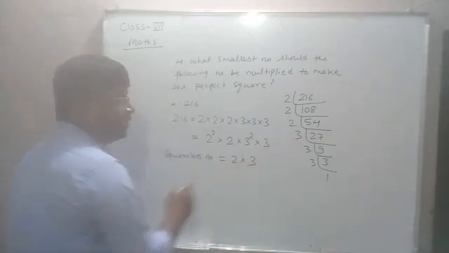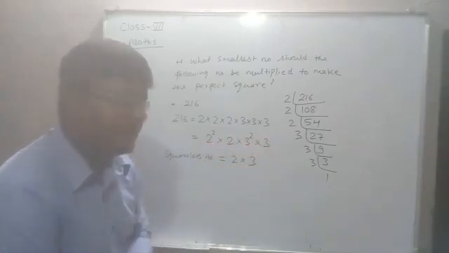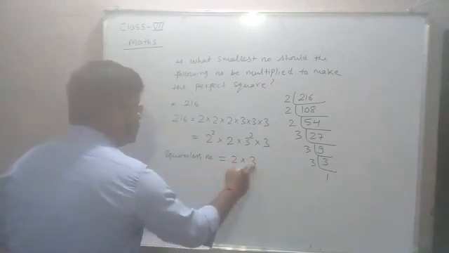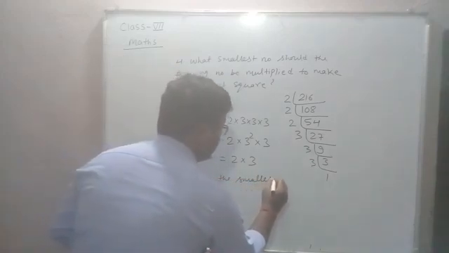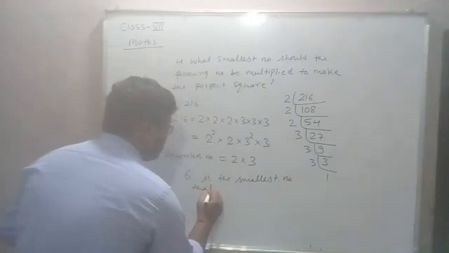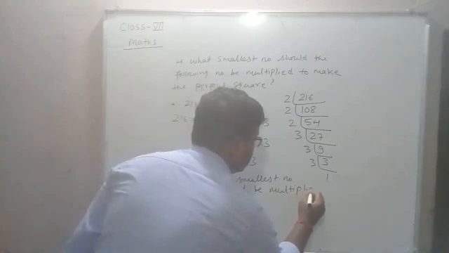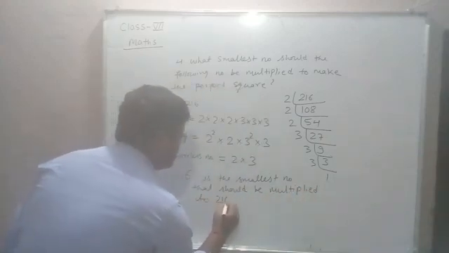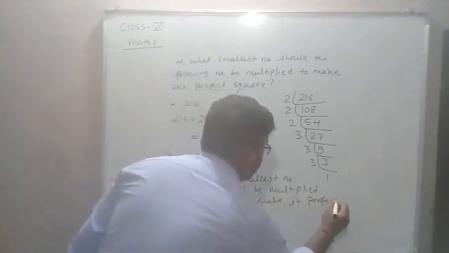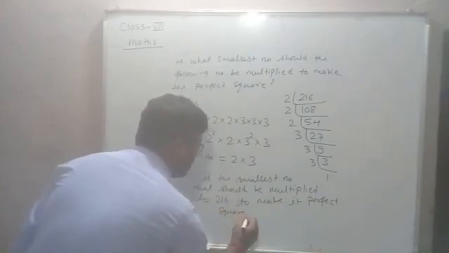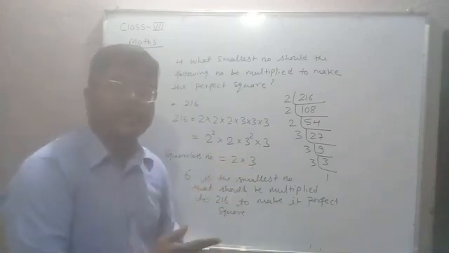The product of these two numbers, that is 2 3s are 6. 6 is the smallest number that should be multiplied to 216 to make it a perfect square. So 6 we should multiply here. The product of the unpaired numbers is what we should multiply.